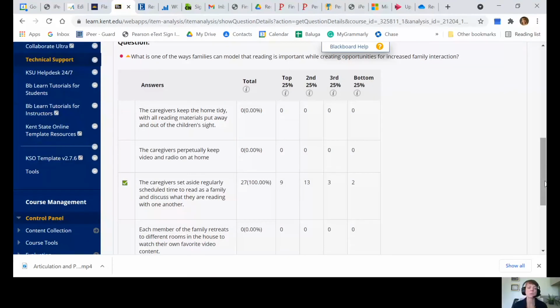What is one of the ways families can model that reading is important while creating opportunities for increased family interaction? That question stem is very important. We need to look at the answer choices that meet those criteria. The families are modeling and they're creating opportunities for interaction.